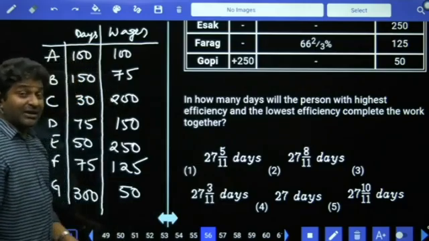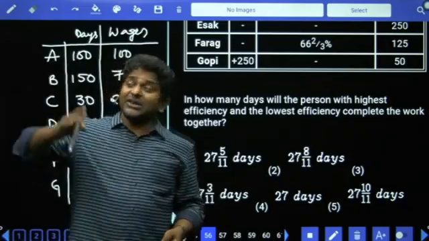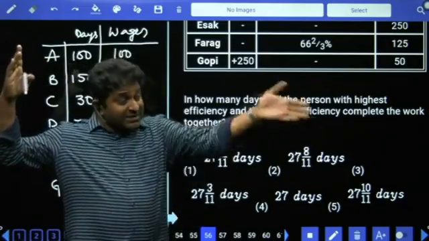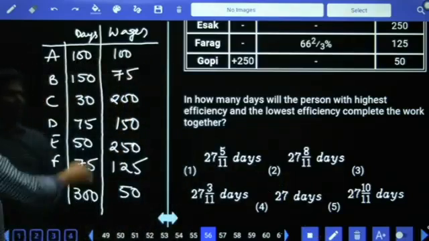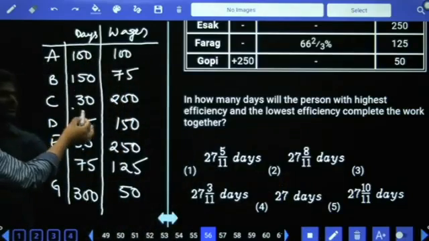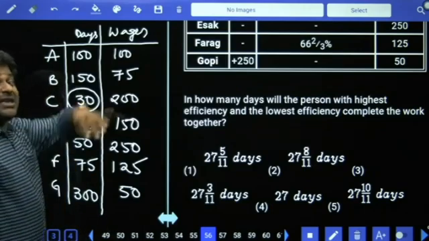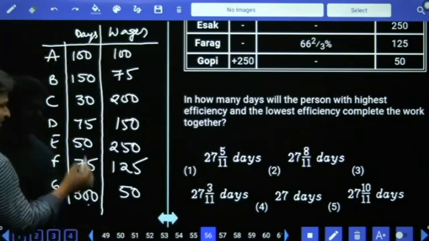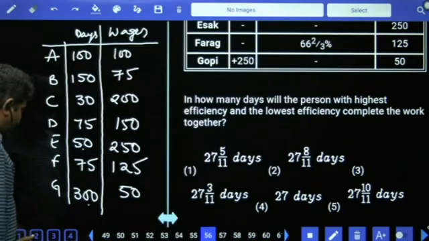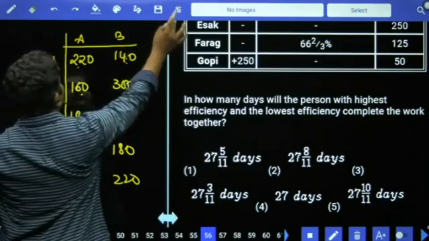Now our question is, we were asked to calculate how much time the highest efficiency person and the least efficiency person together can complete the work. Now who takes very less number of days, that is Catherine, 30 days. So Catherine will have highest efficiency. And who is taking more number of days? Gopi with 300. So if both are working together, they can complete the work in how many days?